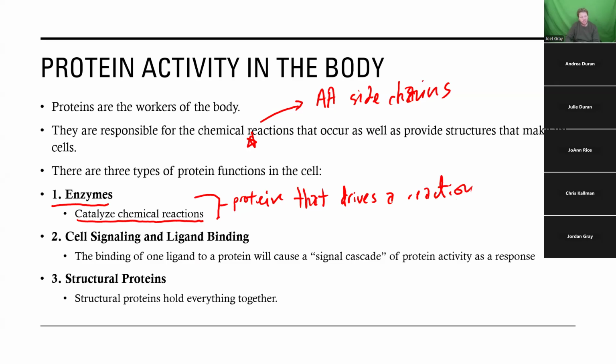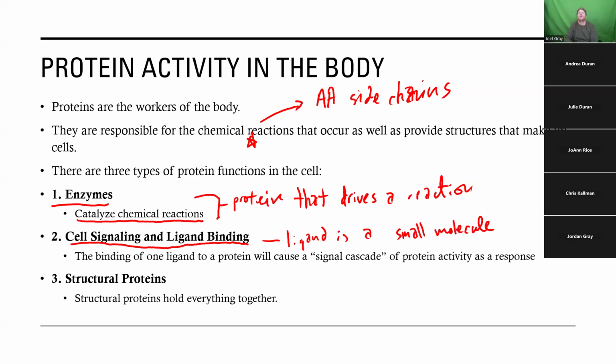Proteins are also involved in cell signaling and ligand binding. The binding of one ligand to a protein will cause a signal cascade of protein activity as a response. A ligand is typically a small molecule.